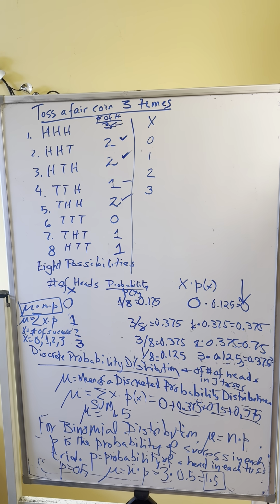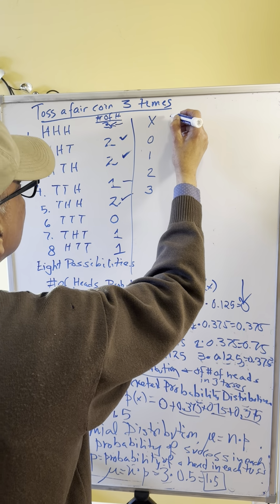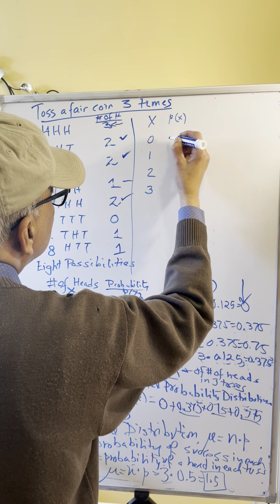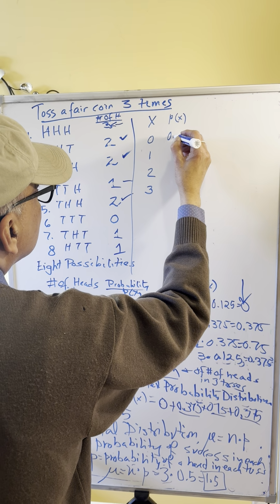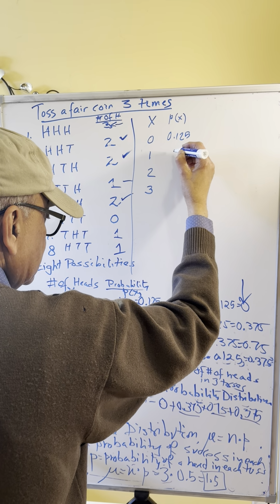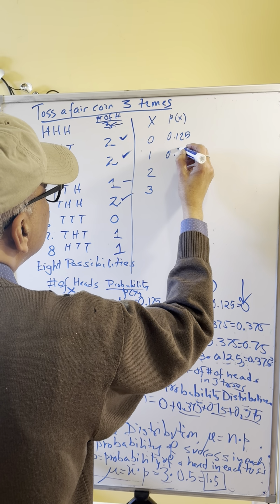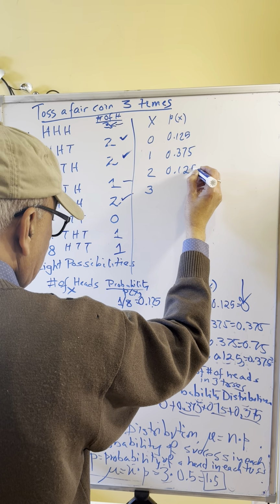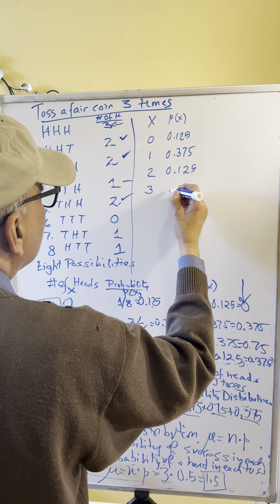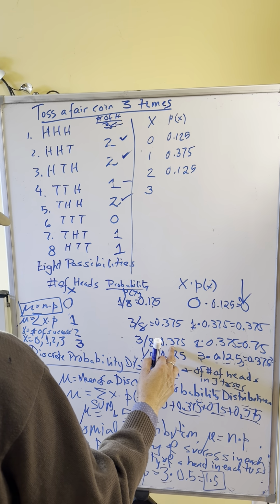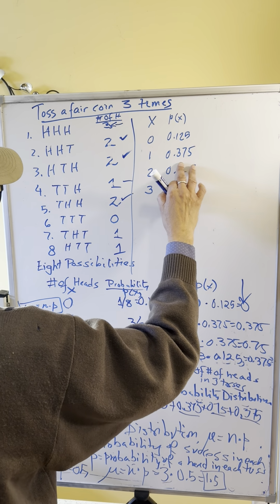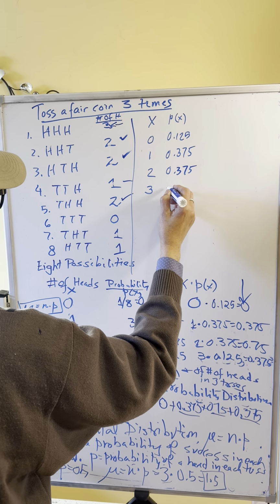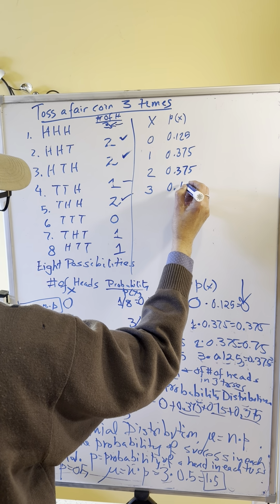We know the corresponding probability values, which are 0.125, 0.375, 0.375 and 0.125.